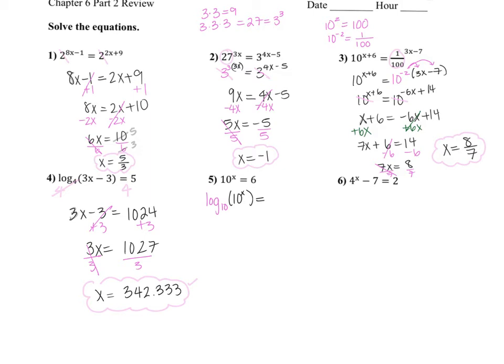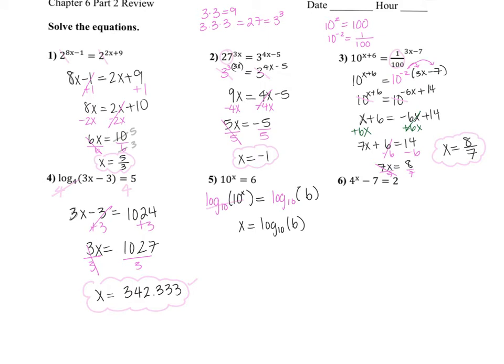But I have to do it to the other side too. So I'm going to write a log base 10, and then inside of it, I'm going to write the 6. Anything I do to one side, I have to do on the other side. The advantage with this is I don't have to figure out a base that works for both sides. I'm just going to use a log to cancel. So then the log and the 10s cancel, x comes down, and this is log base 10 of 6.